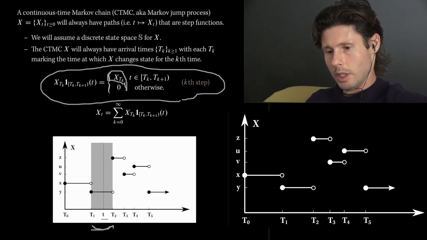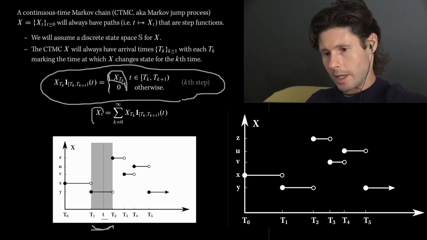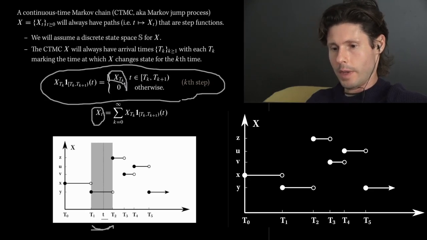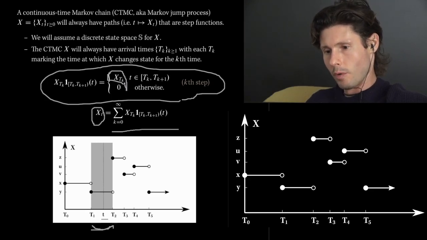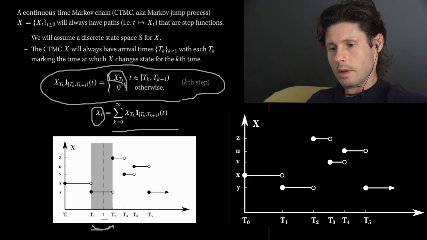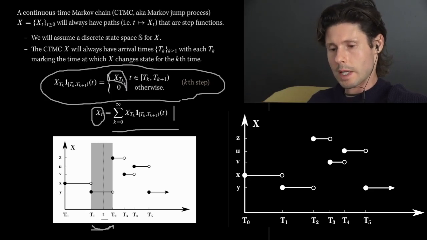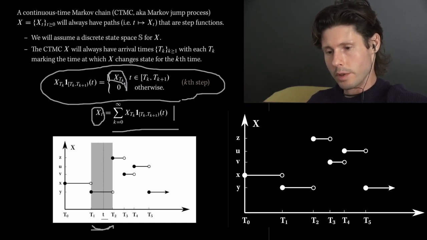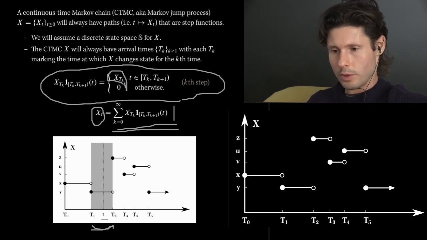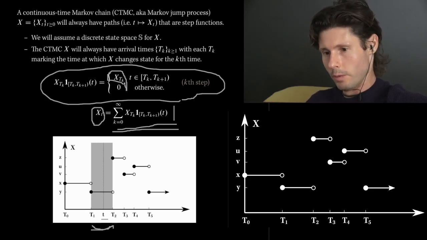But in general, if we're going to ask what is the value of xt, well, we're going to sum up over all of these steps. And if you think about it, t is deterministic. So in other words, this sum is only going to hit one of those intervals. There's no way to hit several of them. Time t falls in exactly one of those intervals. So this sum, even though it looks complicated and very large, in the end it boils down to just one indicator and one value.